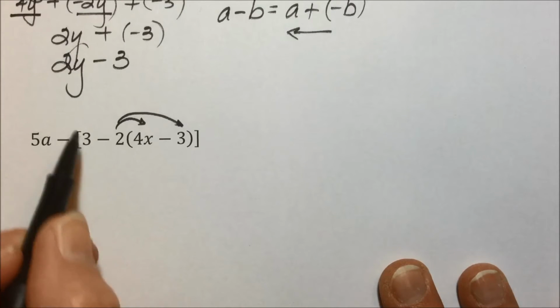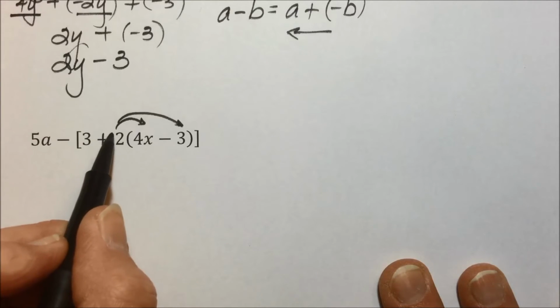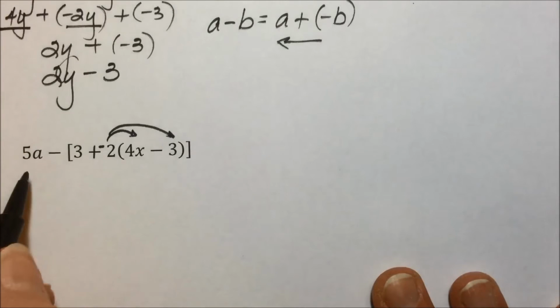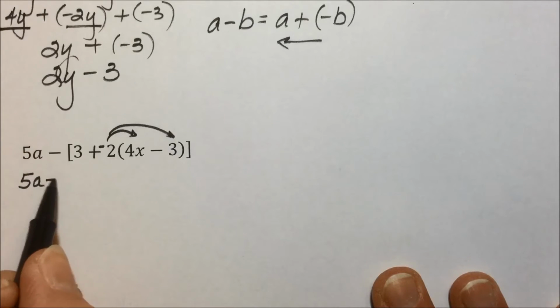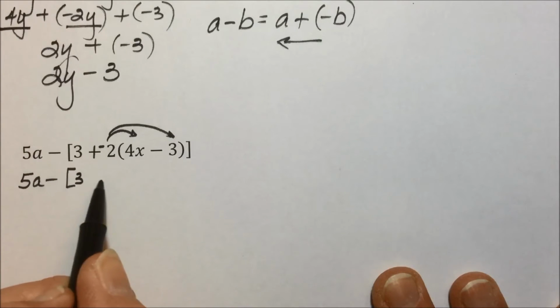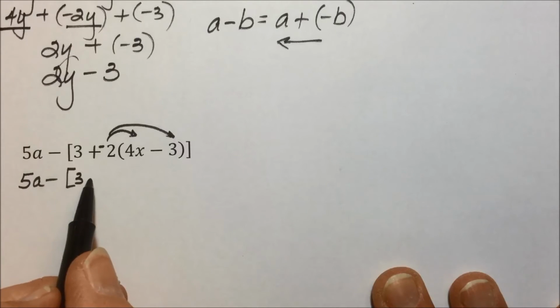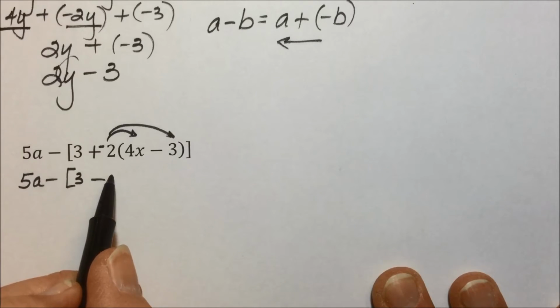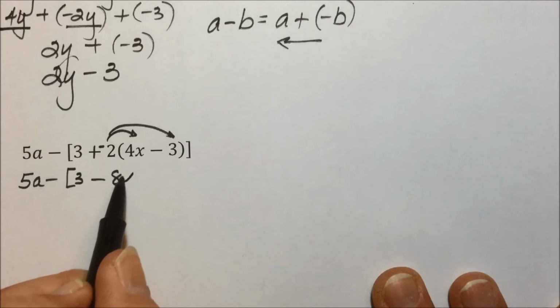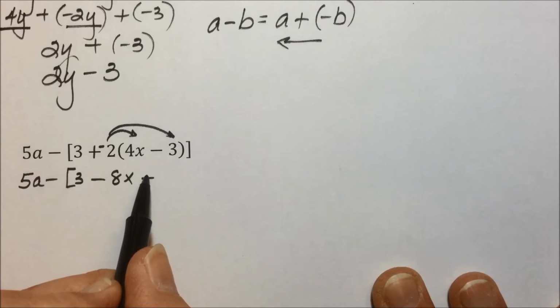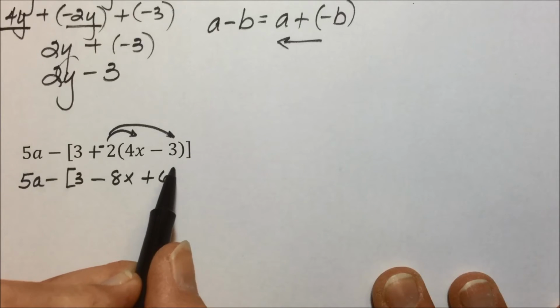Yes, because subtraction is the same as plus a negative, just as I illustrated here with the rule of subtraction. So multiplying a negative 2 times the first will result in a negative 2 times 4, which is 8x. A negative 2 times the negative 3 is a positive 6.